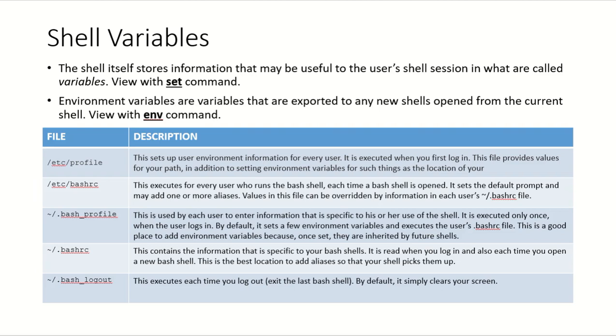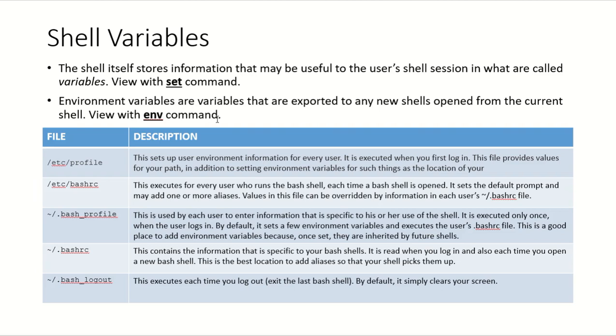The two types of variables are the shell variables and the environmental variables. Environmental variables are variables that are exported to any new shell opened from the current shell. You can see them with the env command.